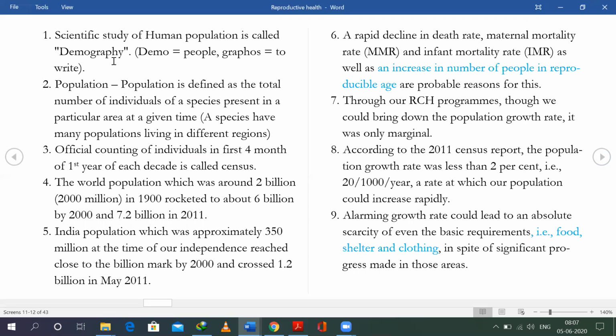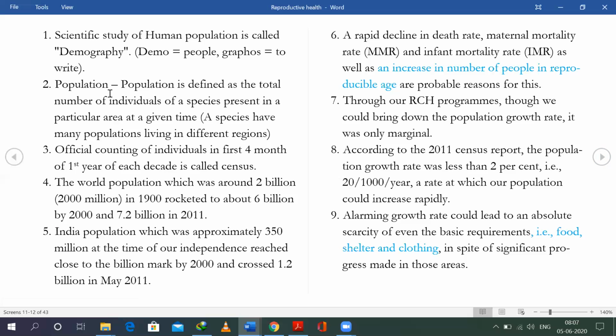You can see two words here: demo is people, graphos is the writing. That means the study of people is called demography, particularly the human population. When I say population, it mostly deals with one particular species. When you take the count of a population, you are only counting one single species in a community.